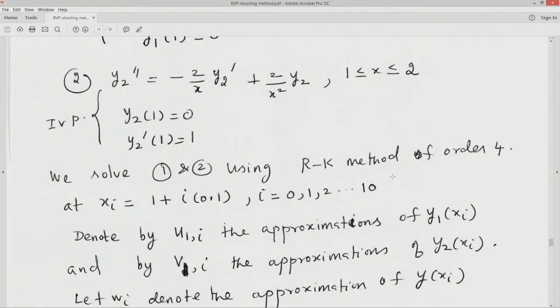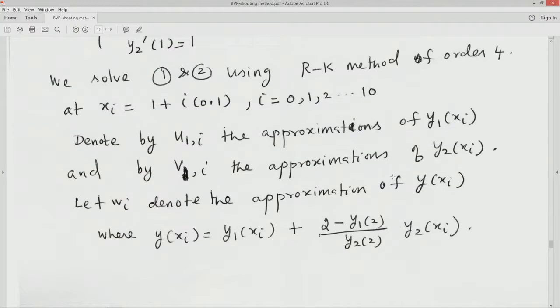So, 1 by 10 will be the width of each of the subintervals, and so the points in the interval 1 to 2 will be 1, then 1 plus 1 by 10, that is 1.1, 1.2, 1.3 etc. up to 1.9 and finally 2. These are the points in the interval 1 to 2 at which we seek an approximation to the solution of each of these initial value problems.